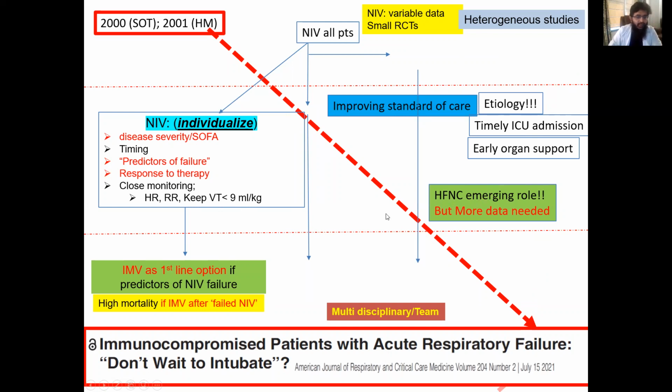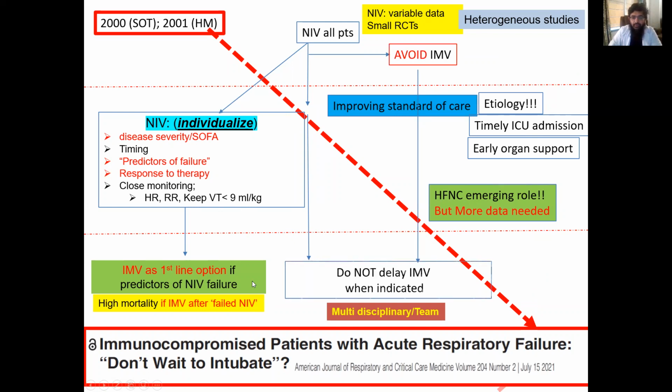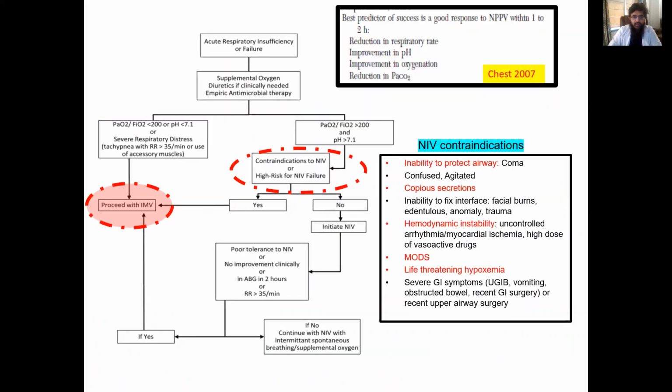Regarding HFNC, it is still in the emerging phase. So, from avoiding IMV, the bottom line is do not delay IMV when indicated. We look at the contraindications of NIV and monitor for success or risk factors of failure in terms of reduction in respiratory rate, improvement in pH, oxygenation, and PCO2, and keep IMV ready at the bedside.